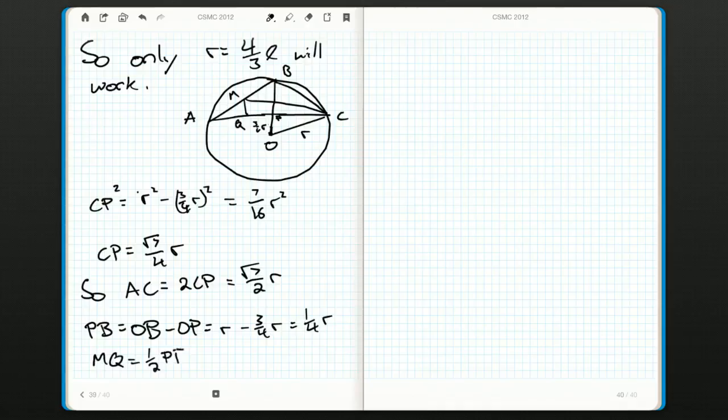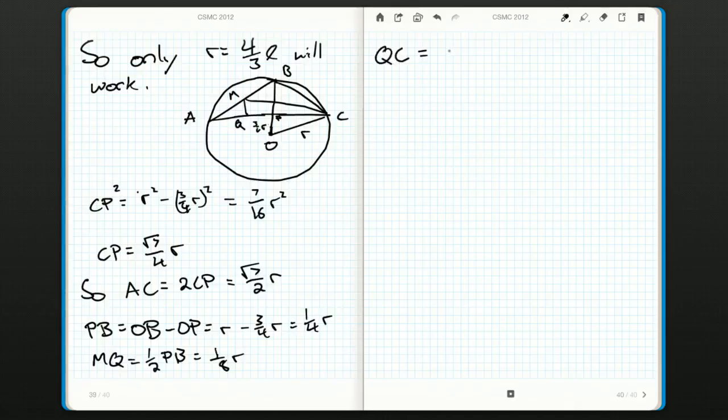MQ is 1/2 of PB. So that's 1/8 of R. So that's fine. And we know that QC is 3/4 of PC.